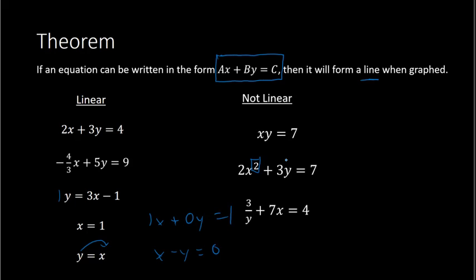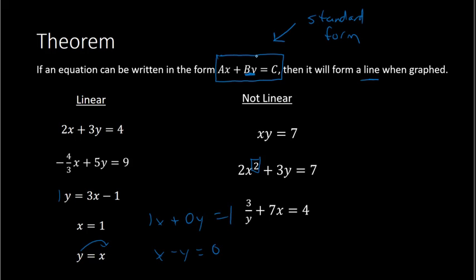If we had division, so like 3 divided by y, that is also not linear because notice right here, we need b times y, something times y. We cannot have 3 divided by y. That is not linear. And this format, by the way, right here is called standard form.